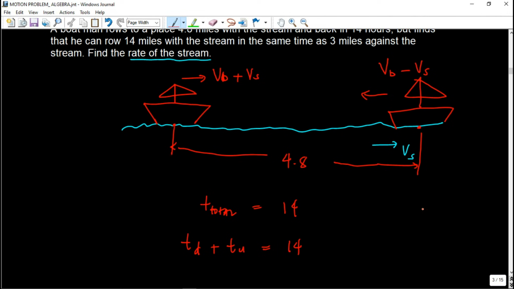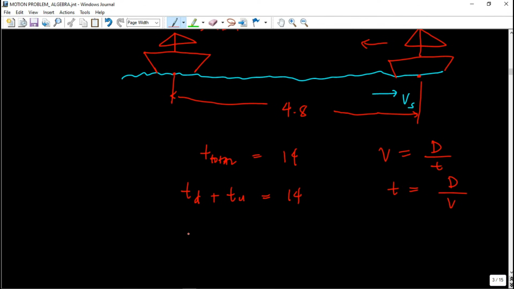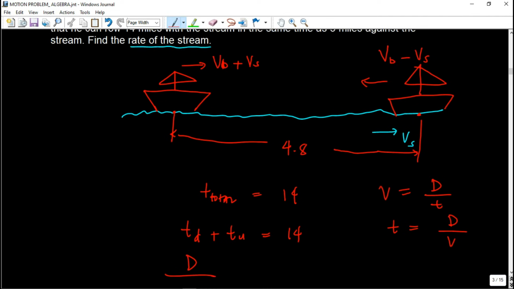So going back to the concept that the speed is equal to distance over time, we have here time as distance over speed. Okay, yan yung concept dito on the first equation. Okay, so this becomes d over v. So what is the speed with the stream? So that is VB. Okay, velocity of the boat plus velocity of the stream.